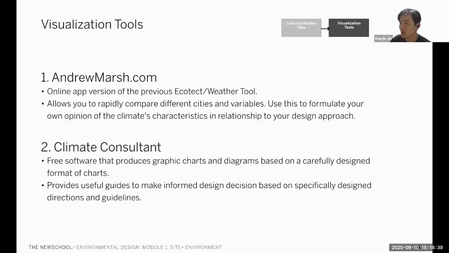I recommend you use this to formulate your own opinion of the climate characteristics in relationship to your design approach. I always use Climate Consultant after looking at the data using Andrew Marsh.